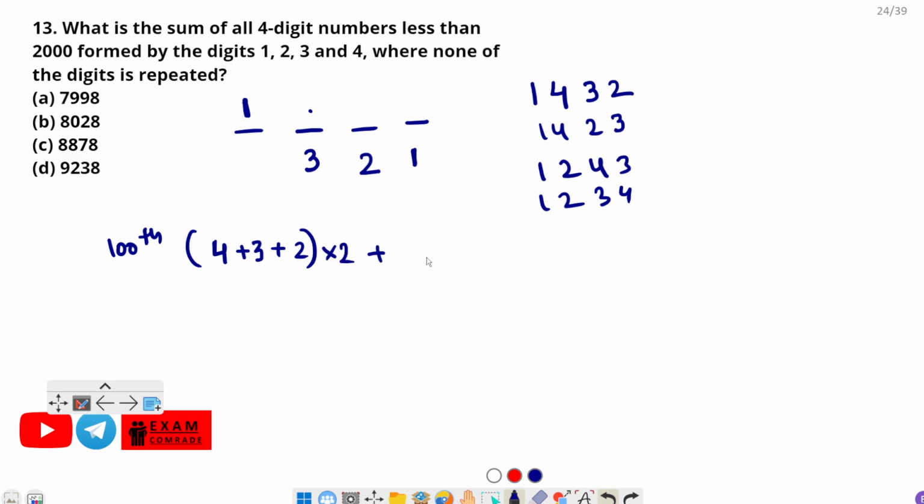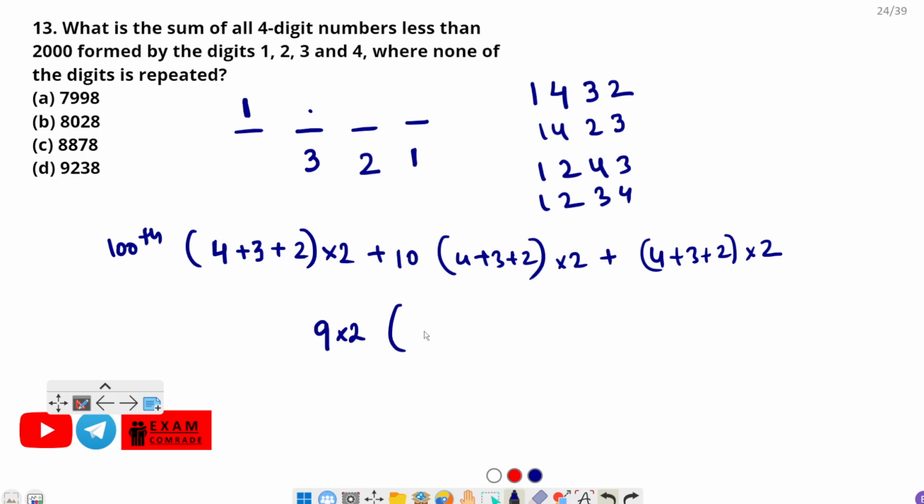Similarly for the tens place also, we can have 4 or 3 or 2, that will come 2 times. Similarly for the unit digit also. So 4 plus 3 is 7, 7 plus 2 is 9, 9 into 2, and we take common 100 plus 10 plus 1, that is 111.